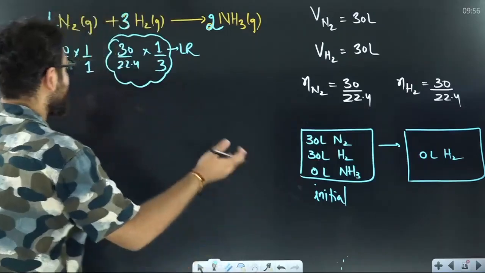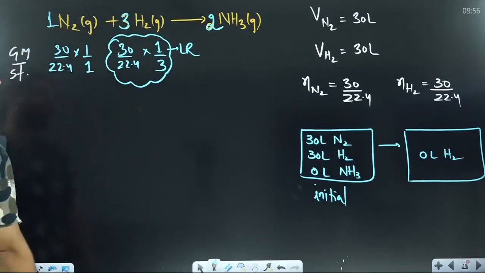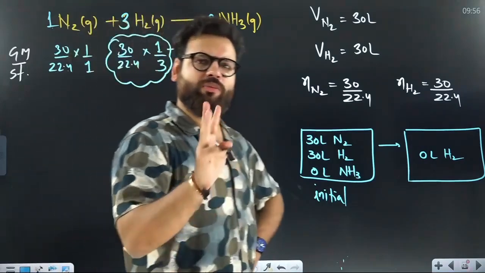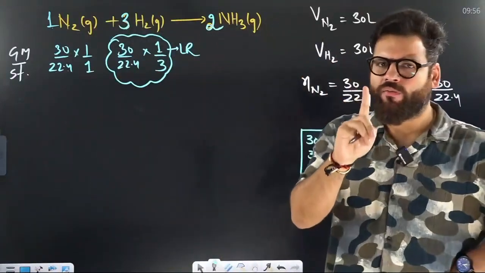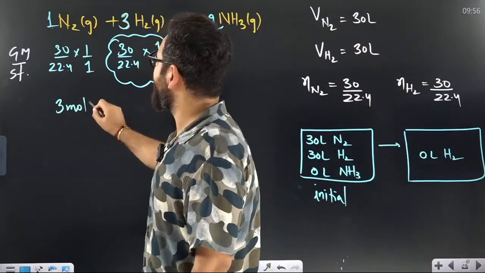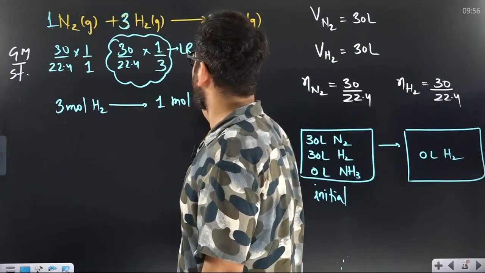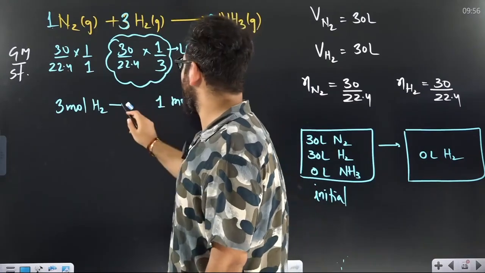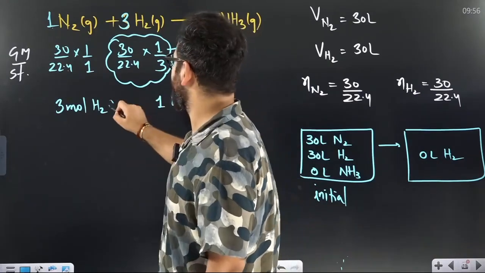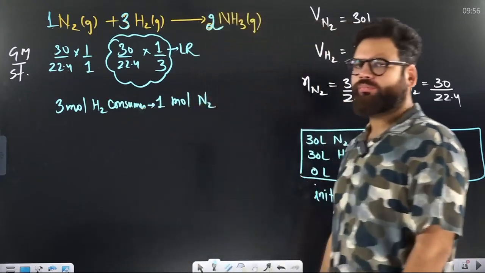Let us find out. See the reaction. 3 mole hydrogen reacts with 1 mole nitrogen. Or I can say 3 mole hydrogen consumes 1 mole nitrogen.